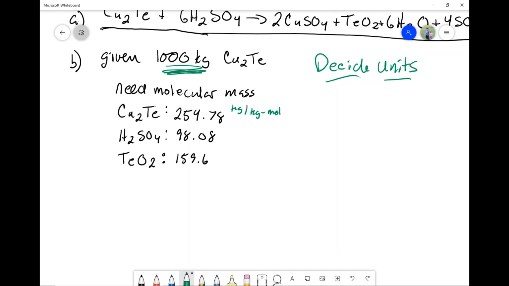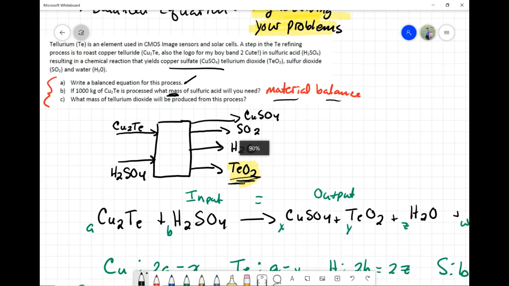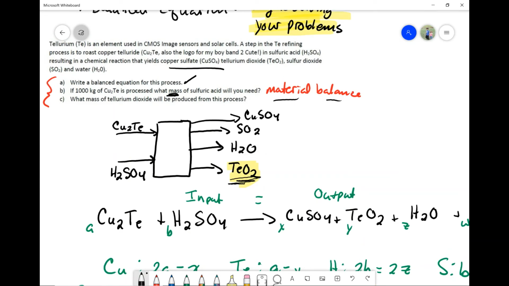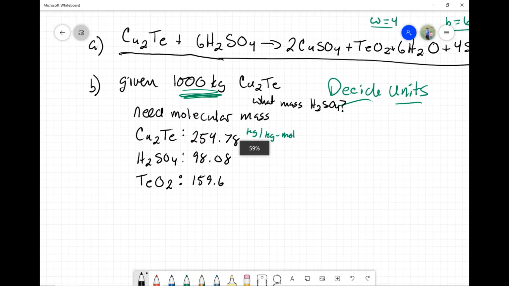So given 1,000 kilograms, what mass, and let me do it in black just to match. I'm kind of summarizing the problem down here, because up here it's asking, so if we have 1,000 kilograms of copper telluride, what mass of sulfuric acid will you need is what we're being asked.